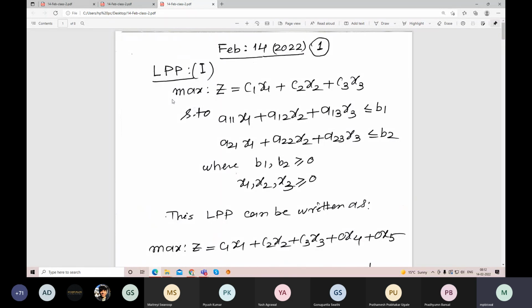Negative resource means, okay, there are some possible cases where your requirement is more but you are getting less. But here, with limited resources, limited time, limited money, limited manpower, we like to maximize. So negative has no sense here.